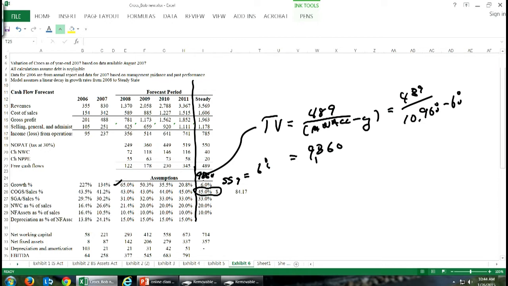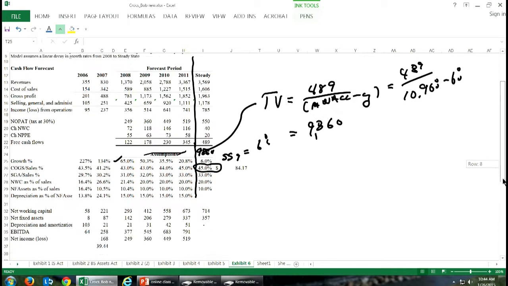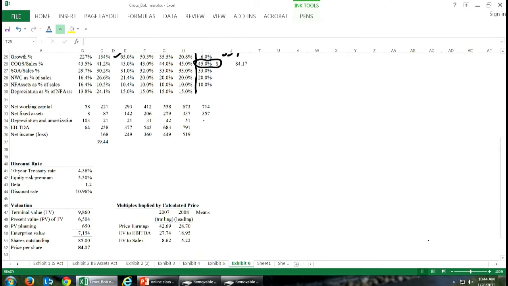And this would go right there. Now, when we do that, we take all these free cash flows, and down here in the model they differentiate it: the terminal value is 9860, and we take the present value of that at the weighted average cost of capital and get 6504.